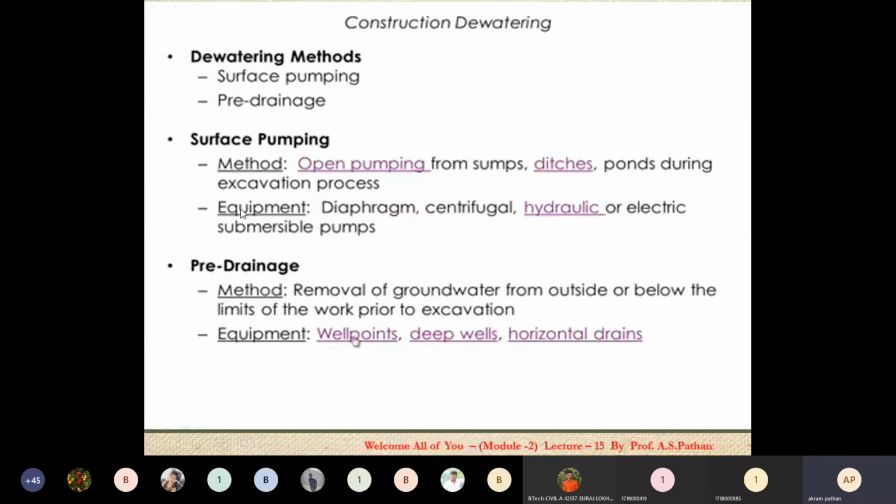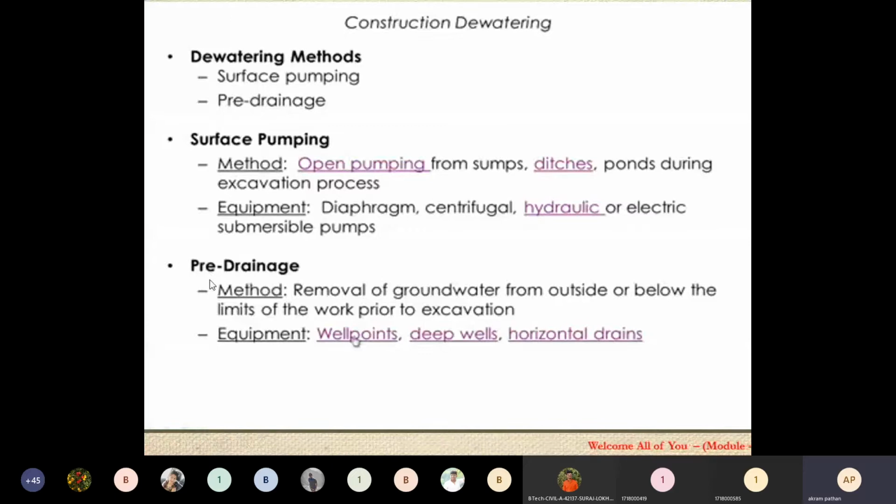We require equipment such as a diaphragm type pump, centrifugal pump, then hydraulic or electrical submersible pump. These we require for surface pumping. The surface pumping method is again divided into 3 to 4 subtypes. In the next slide, I will show you the surface pumping sub methods.